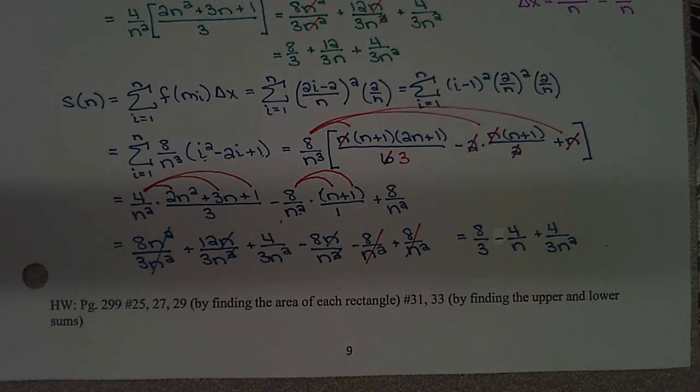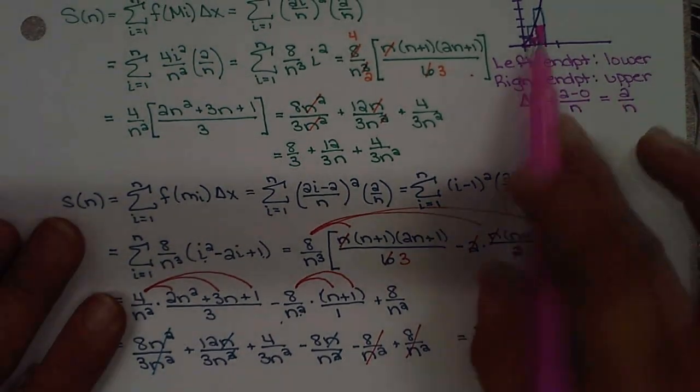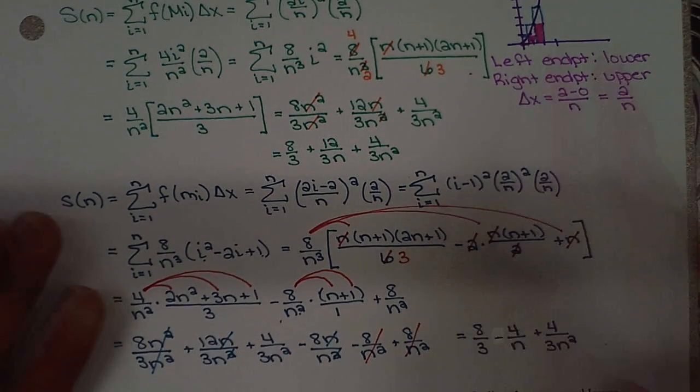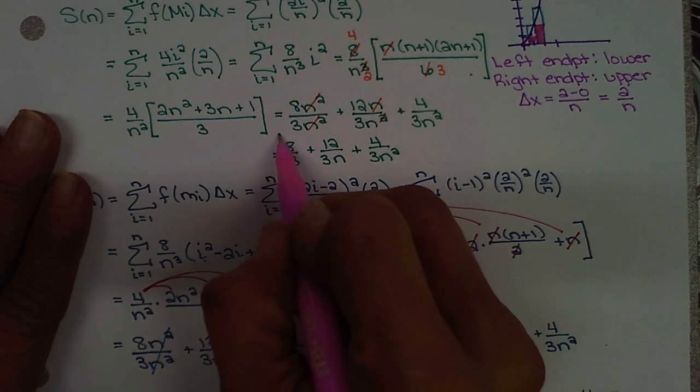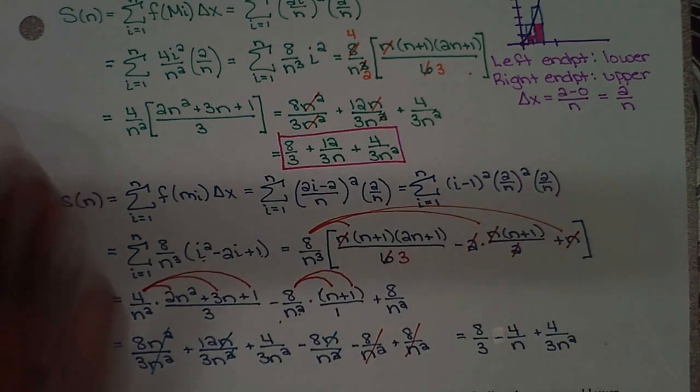So what we've found with these two problems is that we have come up with two equations so that we can find an upper sum and a lower sum for however many rectangles someone wants to put in this parabola from 0 to 2. This is going to be the formula that gives us our upper sums.